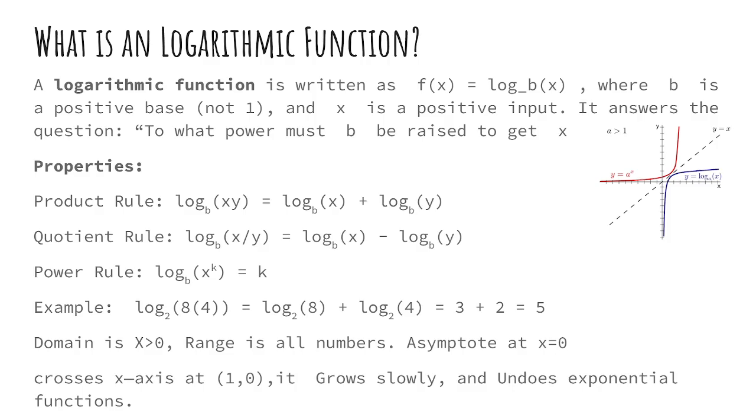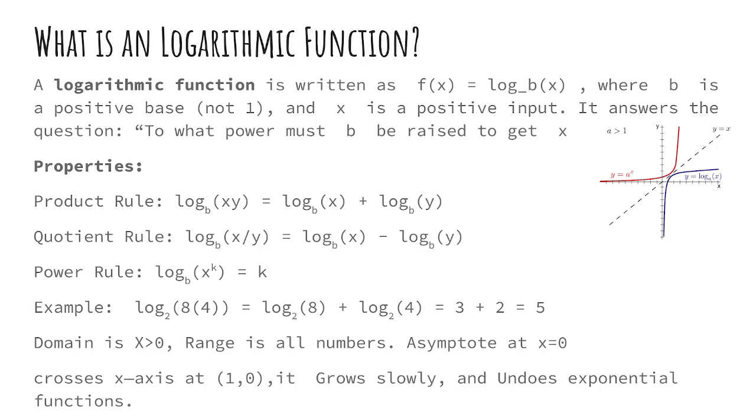There are different rules for logarithms. There's the product rule, which is log subscript b of xy is equal to log subscript b of x plus log subscript b of y. There's your quotient rule. Log subscript b of x divided by y is equal to log subscript b of x minus log subscript b of y.